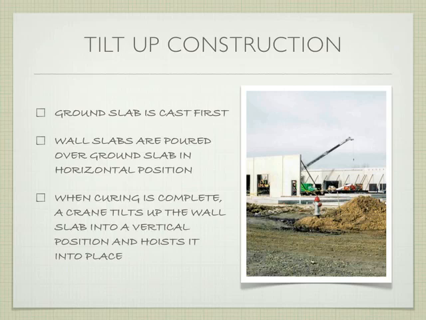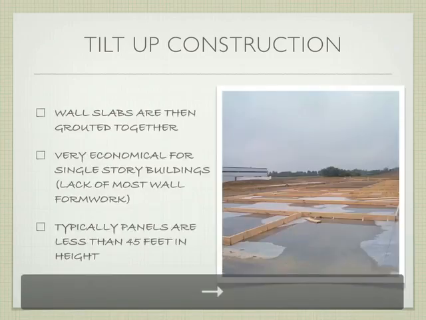So instead of going through the work of building one wall up, putting all the form ties in, and then building the second wall up and then pouring in between, we use the ground, our freshly poured slab, as one side of the formwork, and then we build a simple edge form like we did in the very beginning that goes around the outside of our building, and then we pour the next piece, and ultimately once that cures, we can tilt it up, which is hence tilt-up construction, we can tilt up that wall section into place. And so we use a crane to actually get it up into place.